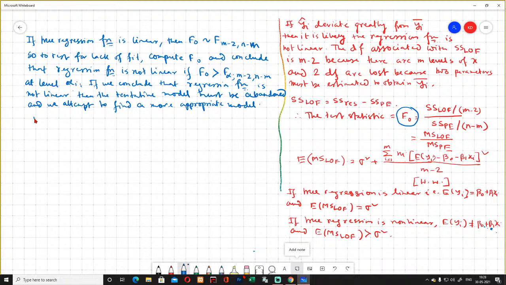And if F naught is less than F alpha, m minus 2, n minus m, then there is no strong evidence of lack of fit.